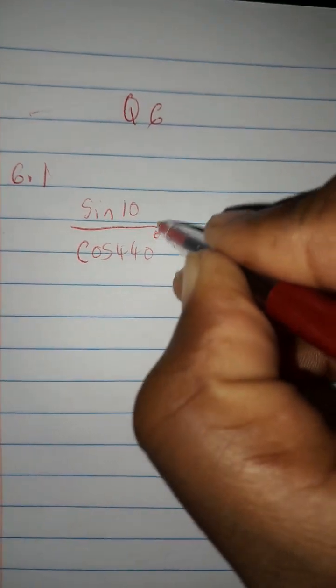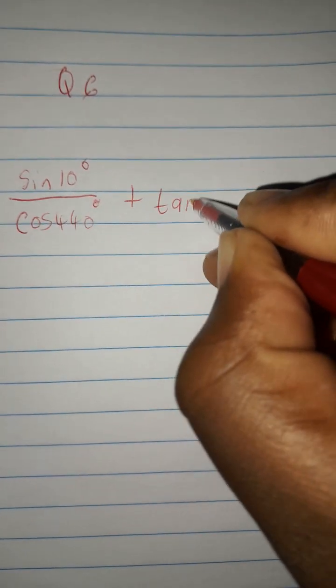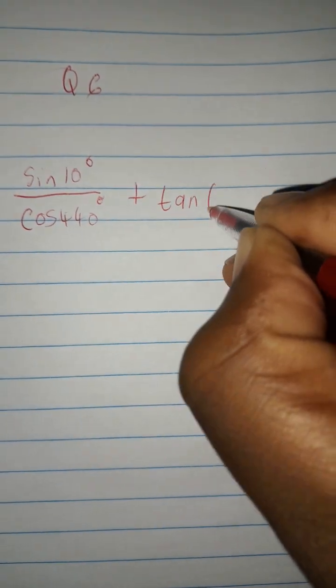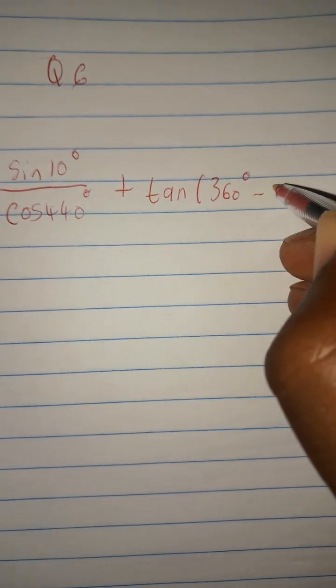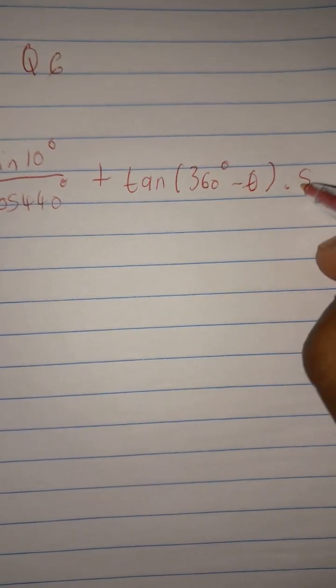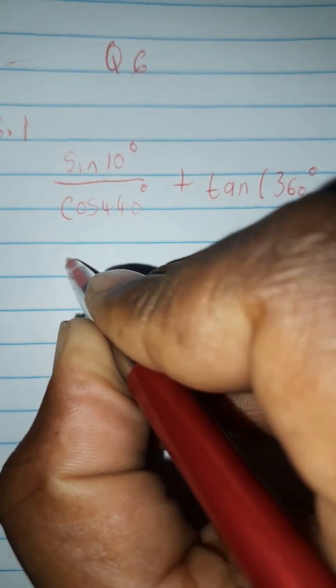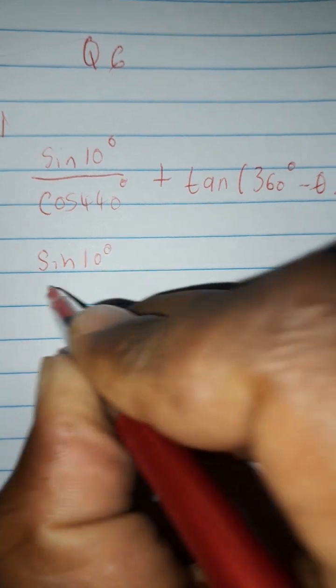We were given sine 10 degrees divided by cos 440 degrees, plus tan(360 degrees minus theta) times sine 2 theta. First, here we have sine 10 degrees.